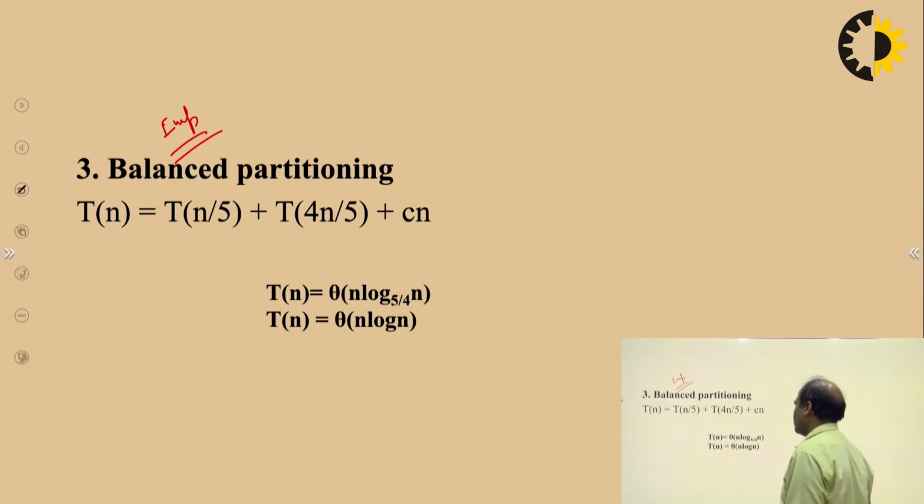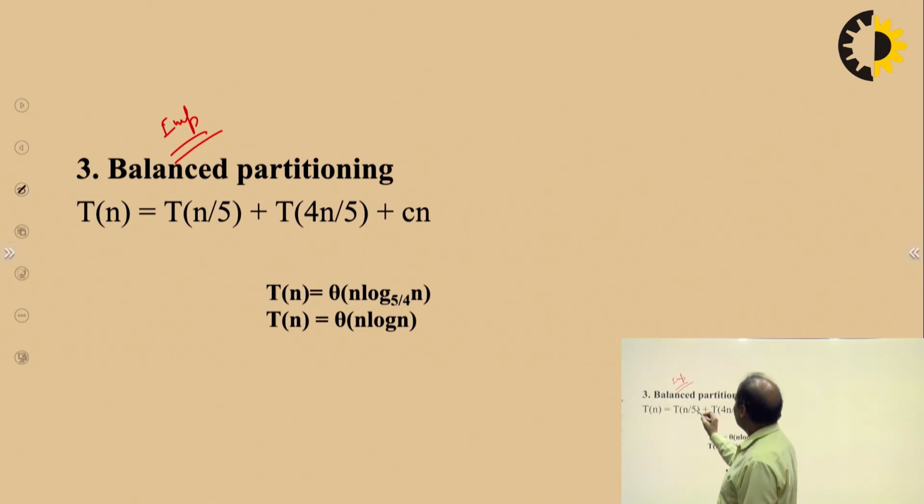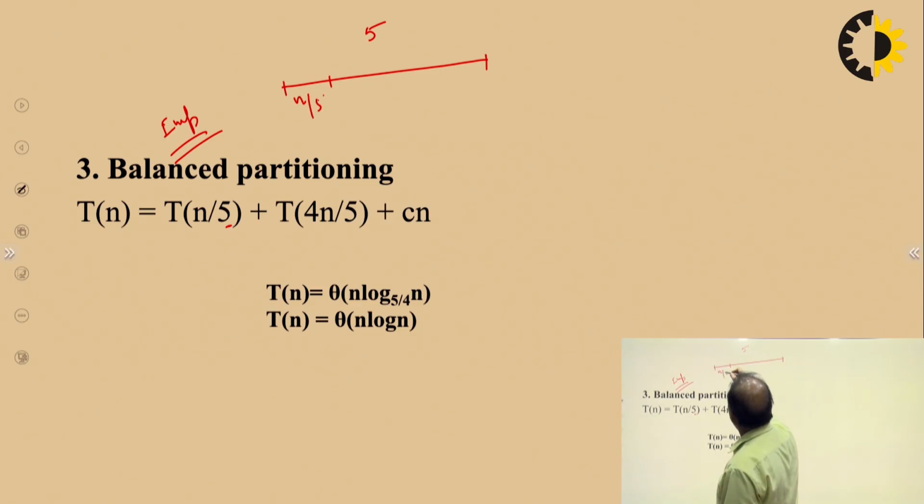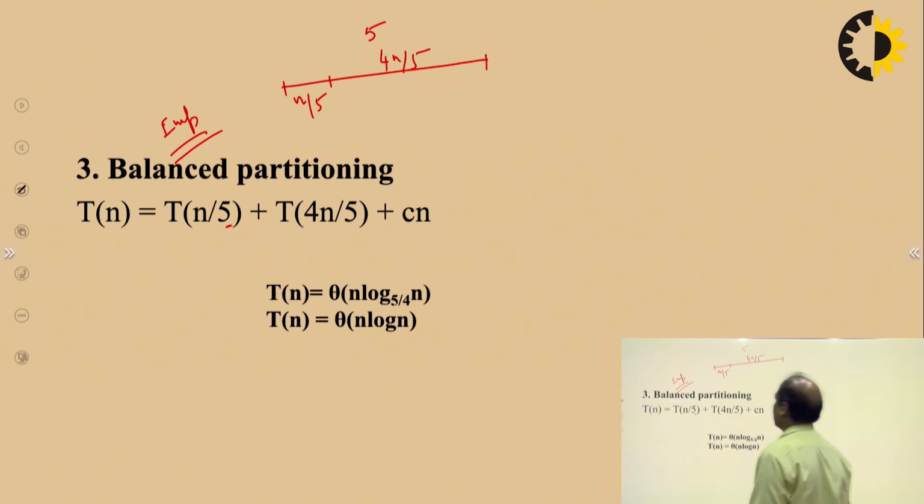Okay. So this is an important case when we are talking about balanced partitioning. Balanced partitioning means, if you have an array of size 5, the split may not come out exactly in half. Suppose the size of the array is 5, it could be the case that this part is n/5 and this is 4n/5. This type of situation may occur, right?